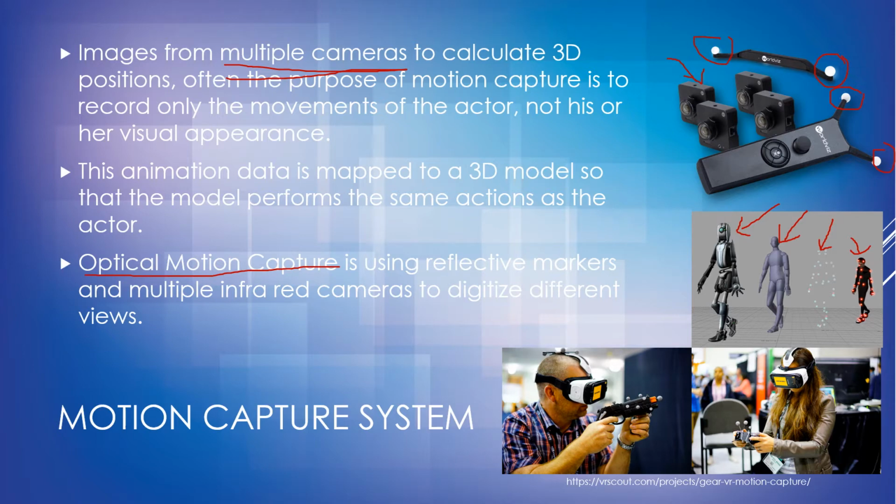For the motion capture system, again, you can divide into two parts. The first one is the active marker. Here is also called the active marker. Active marker means that they need extra power. They need a battery, and they keep generating a signal to the camera.